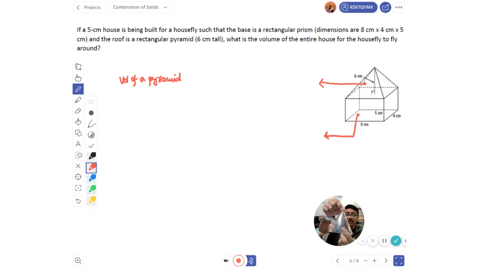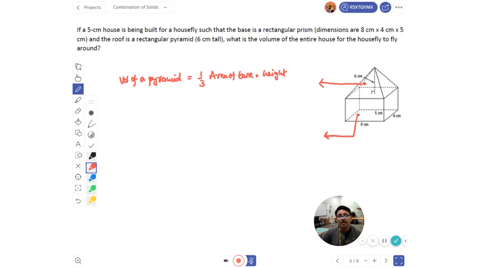It is 1/3 pi r square h, and since the tip is a pointed one, we start with 1/3. Therefore, volume of a pyramid is 1/3 area of base times height.